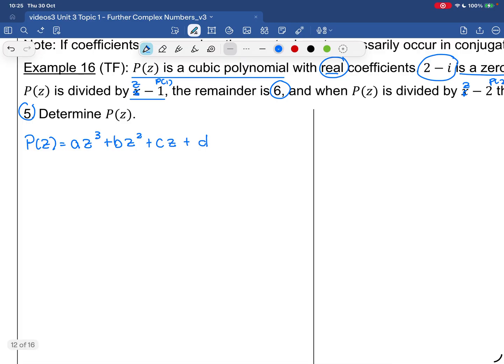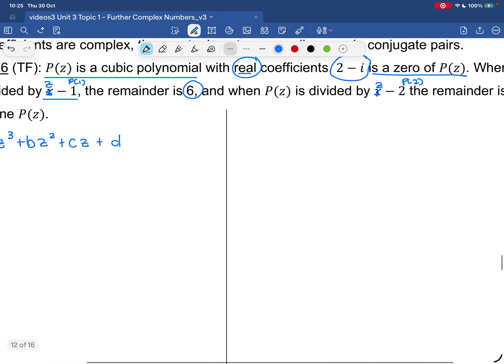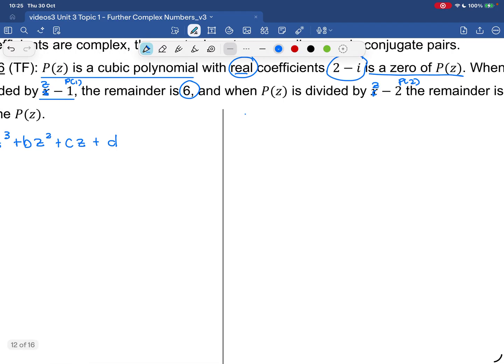So I know if I were going to factorize any cubic polynomial, just bear with me here. If I had y equals ax cubed plus bx squared plus cx plus d, I could write that as a times x minus x1, x minus x2, x minus x3.